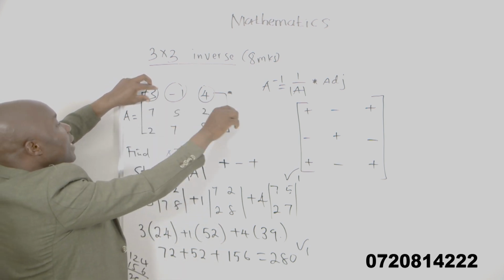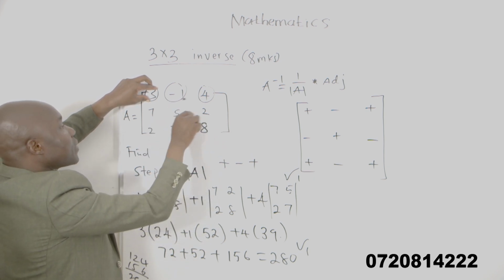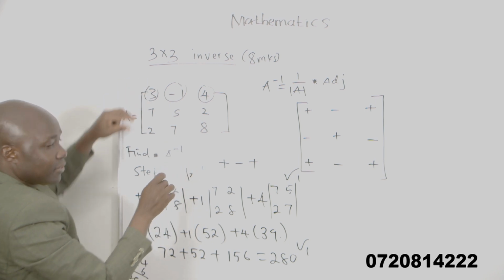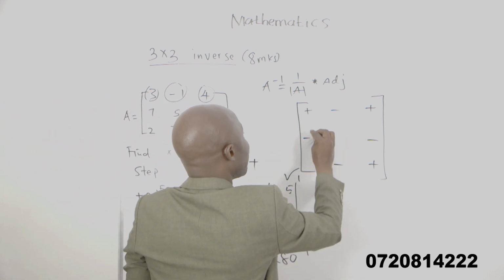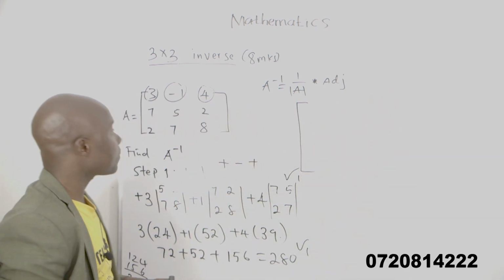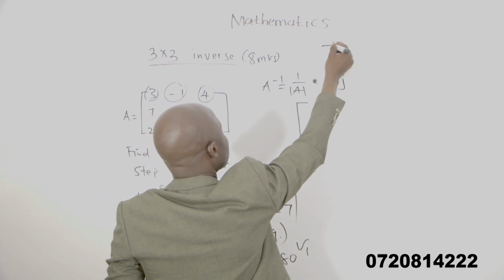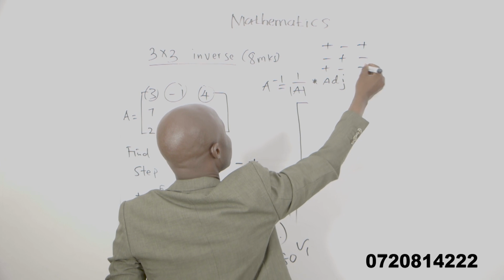So you delete the entire row and the entire column. So whatever remains here, which is 5, 2, 7, 8. So allow me to rub it so that I make them a little bit clear, because that is the most important part. So remember, the method is plus, minus, plus, minus, plus, and minus, plus, minus, then plus.